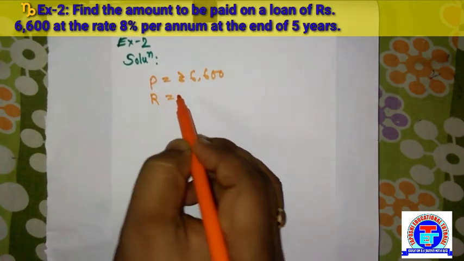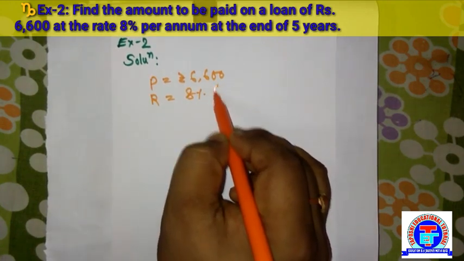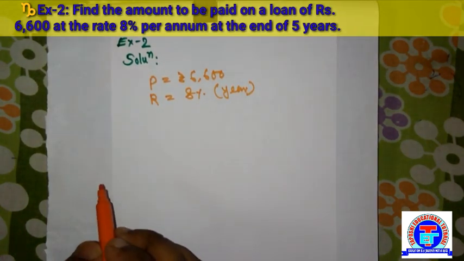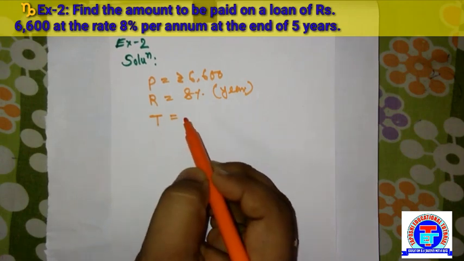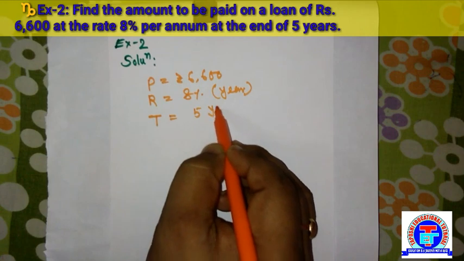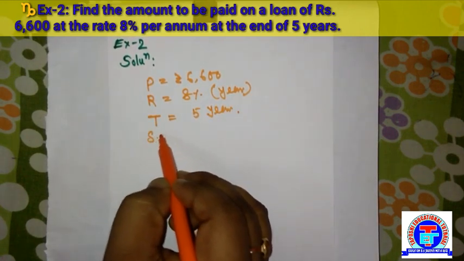Our rate of interest is 8% per annum, or year, and time T is equal to 5 years. And here we find the simple interest.